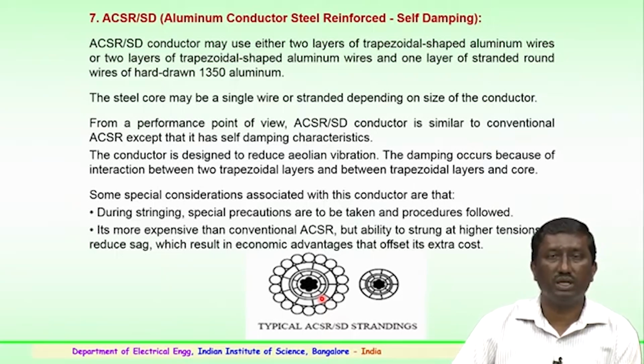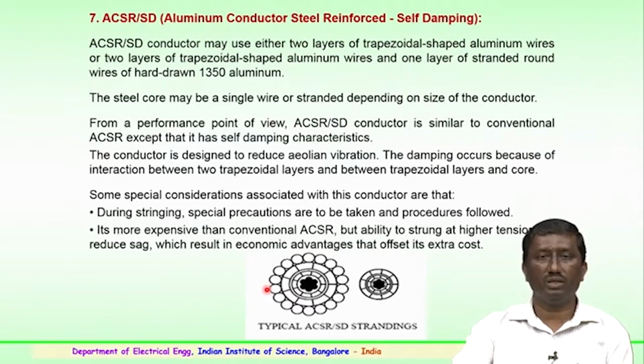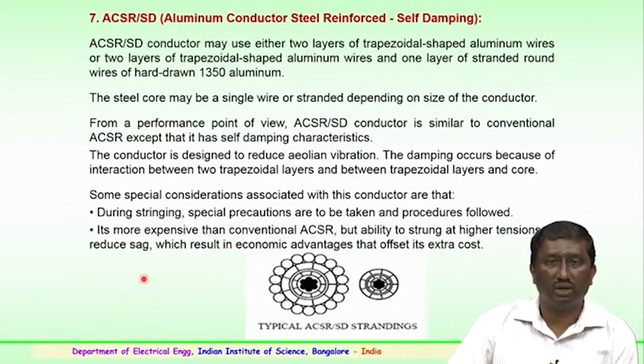Some special considerations associated with this conductor are that, particularly during stringing, special precautions have to be taken and necessary procedures have to be followed. It is slightly more expensive than conventional ACSR, but it has the ability to be strung at higher tensions to reduce the sag, that is very important.